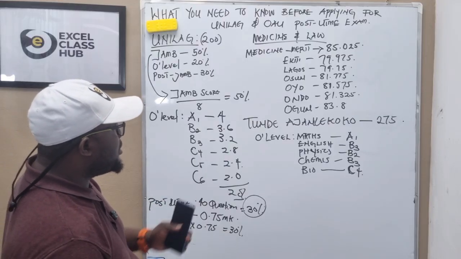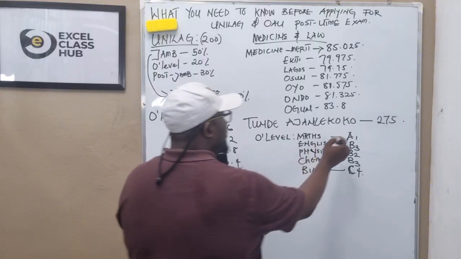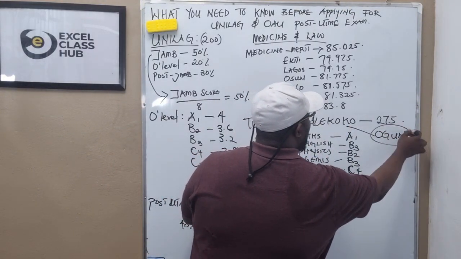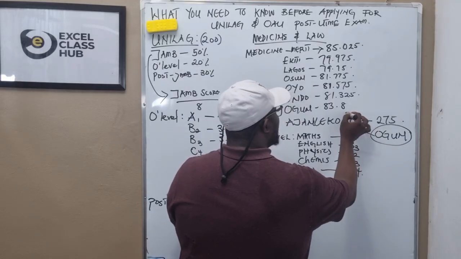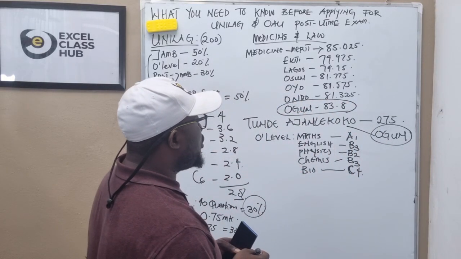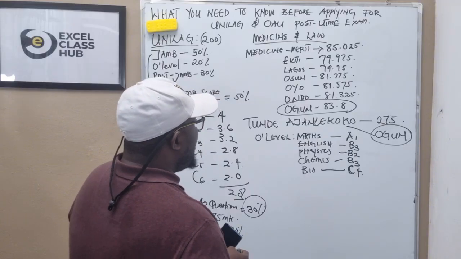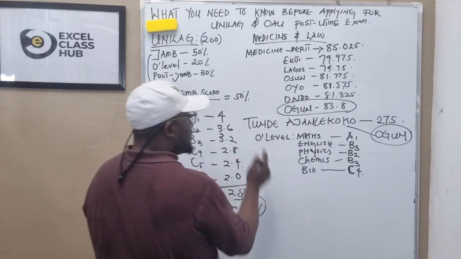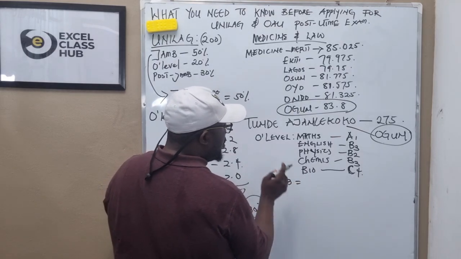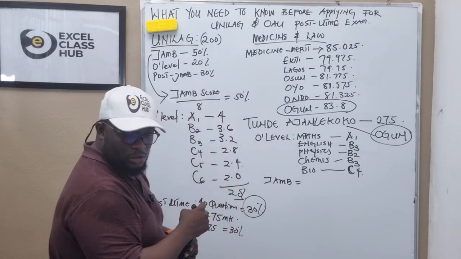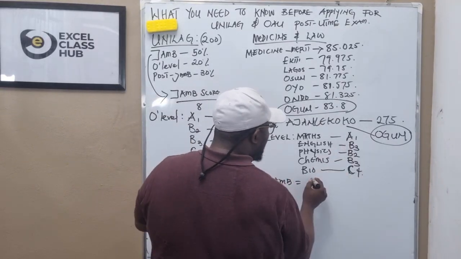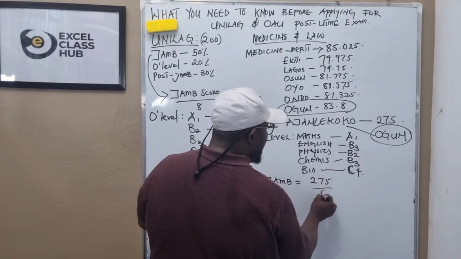This is his O-level result. Now, let's calculate. Tunde Ajanle Koko is from Ogun State. So we are going to make use of this aggregate, 83.8. Now, with JAMB, it's going to be his JAMB score divided by 8. His JAMB score is 275 divided by 8.